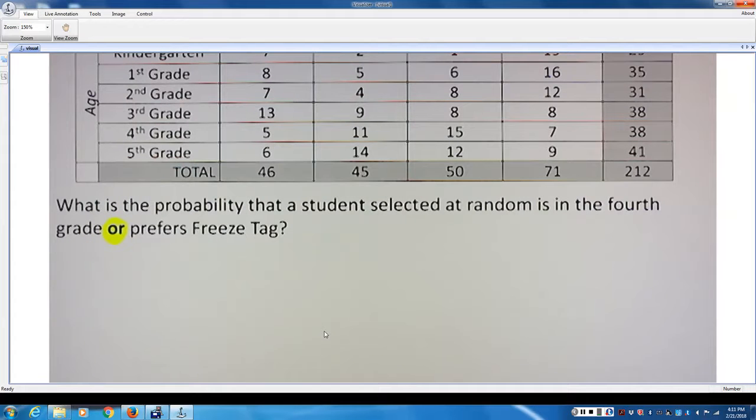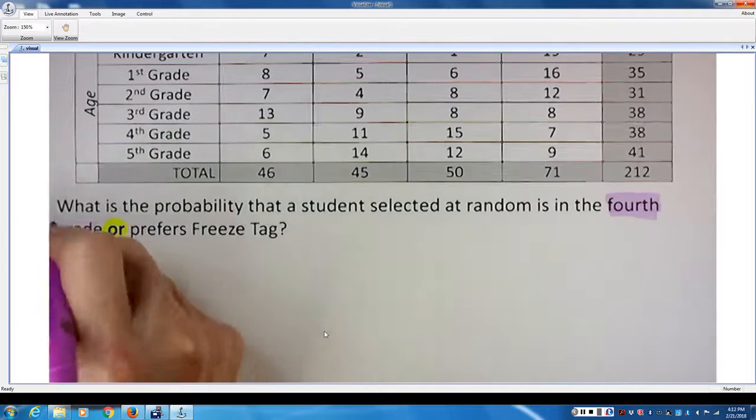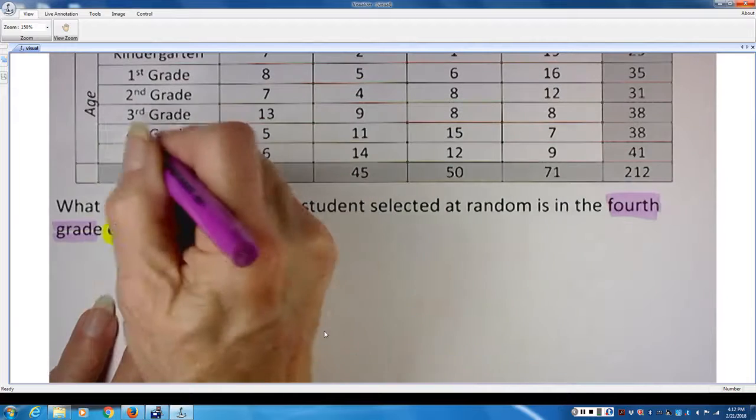Or, what is the probability that we select a student at random out of all 212 that either is in the 4th grade or prefers freeze tag? Okay, here's my 4th graders.